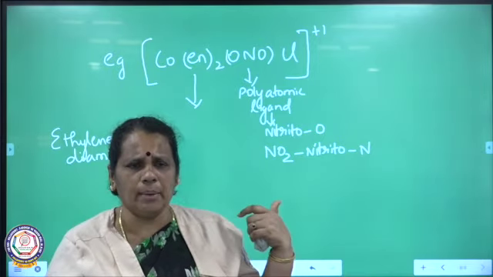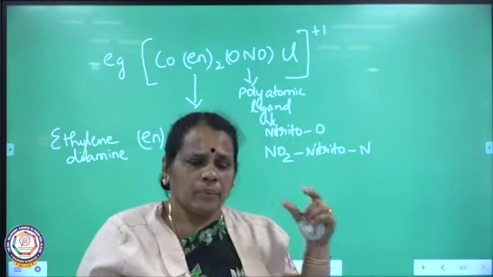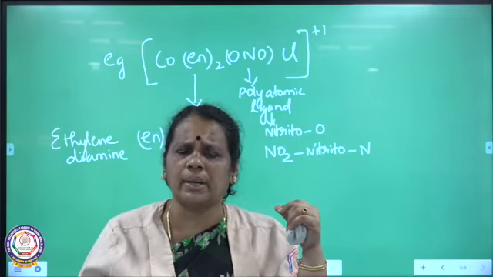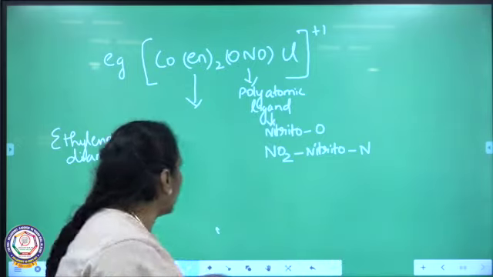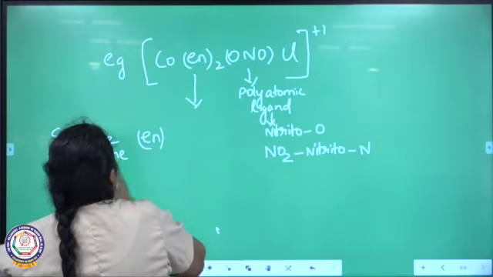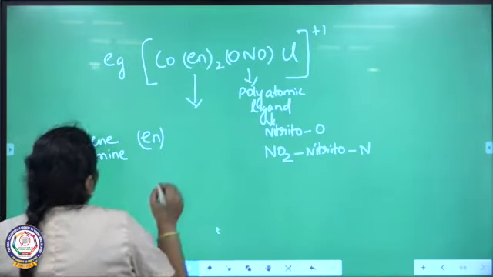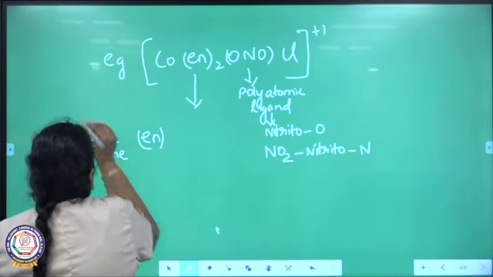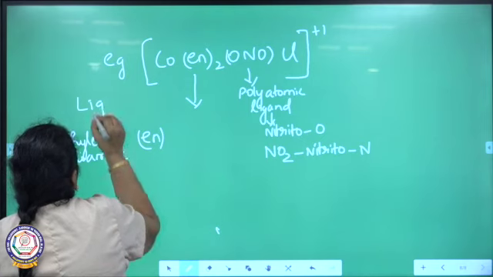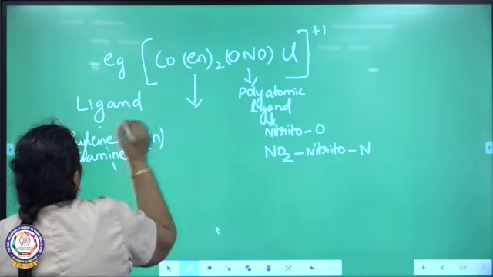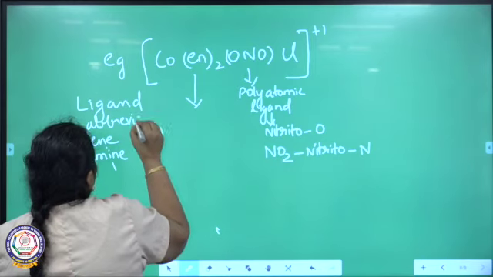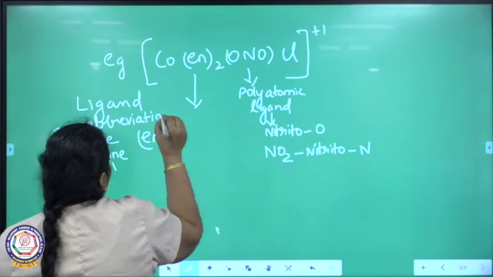The short form of a compound, the abbreviation, can be written as en. That is why I have included it in parenthesis. So the ligand abbreviation for ethylenediamine is en.